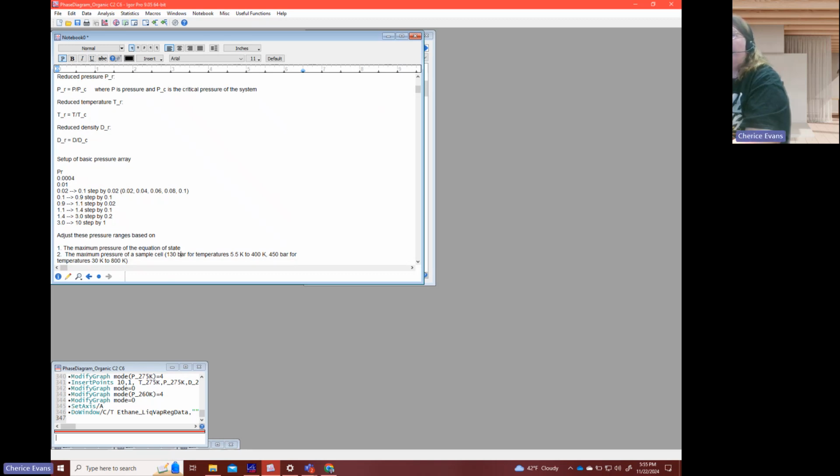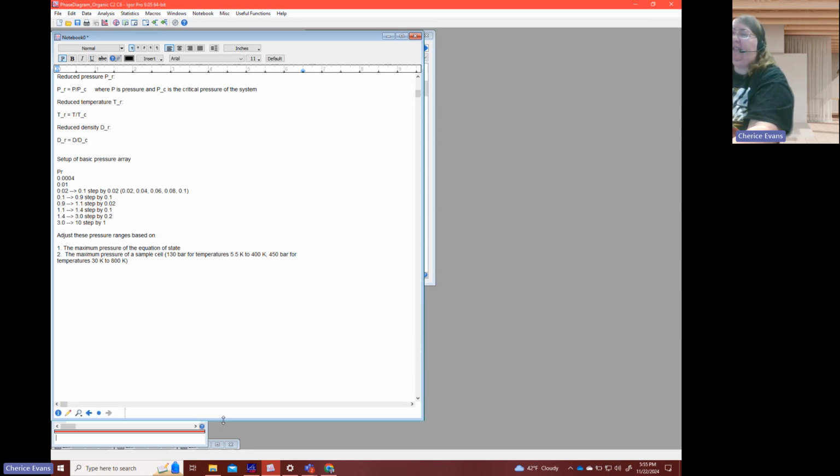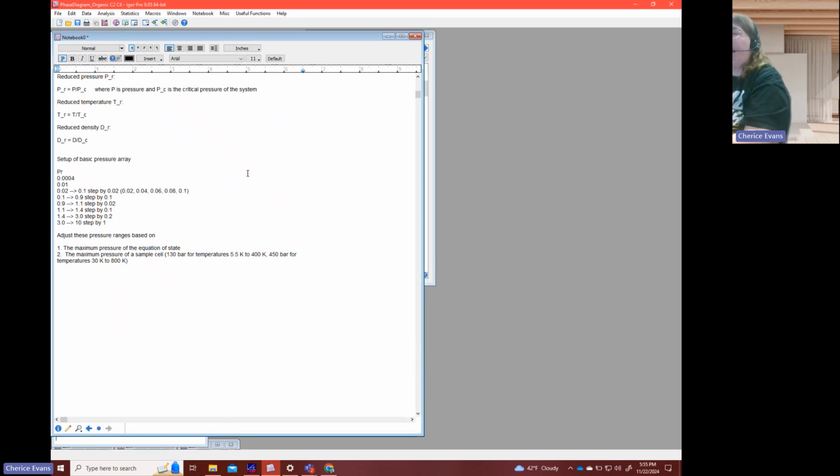So these are the conditions of my equipment. And since I'm the one that's doing the modeling, or will be doing the modeling, I'm going to be defining my pressure ranges based on these conditions.